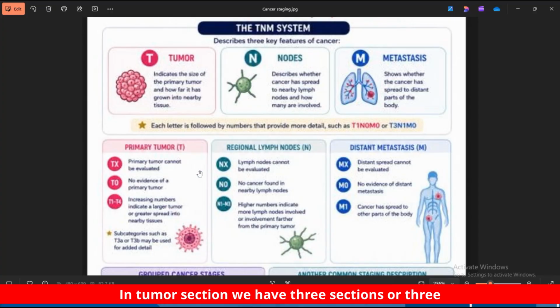In the tumor section, we have three categories. TX means the primary tumor can't be evaluated. T0 means no evidence of a primary tumor. T1 to T4: increasing numbers indicate a larger tumor or greater spread into nearby tissues.